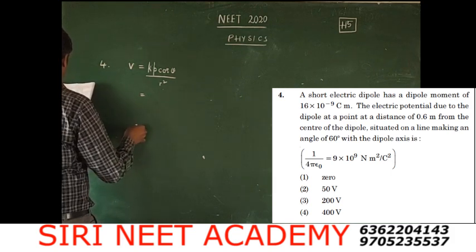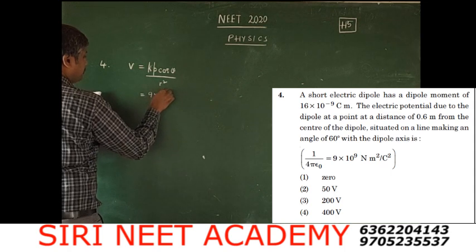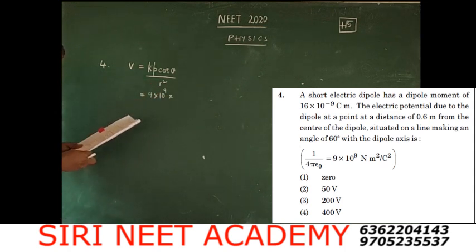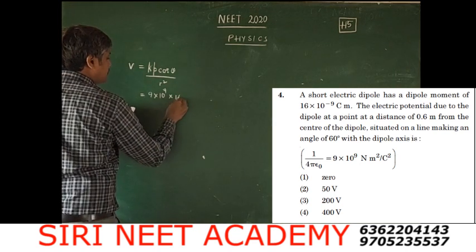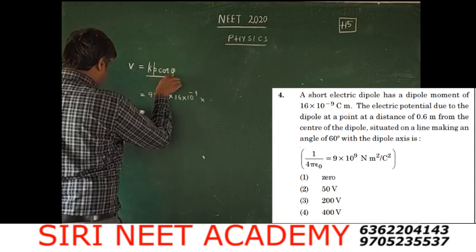So the value of K is given by 1 by 4 pi epsilon naught, that is nothing but 9 into 10 power 9, and p is the dipole moment, which is 16 into 10 power minus 9, and cos theta.